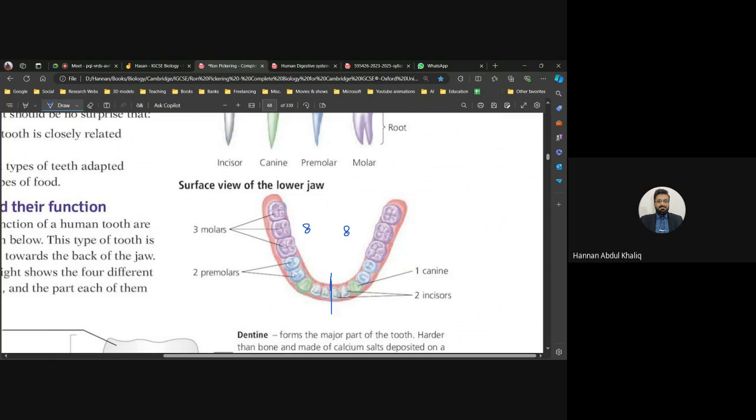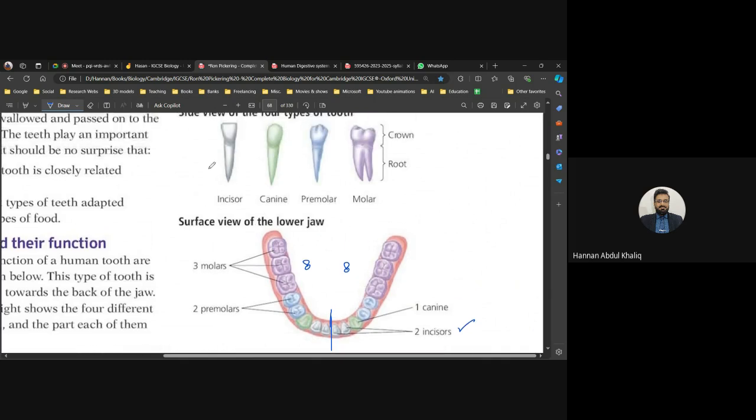So I can study one side of it. On one side, you always have 2 incisors. Incision means making a cut, making a break, breaking it down. That is called incisors. So this is the shape of them. Remember that they are not pointy.